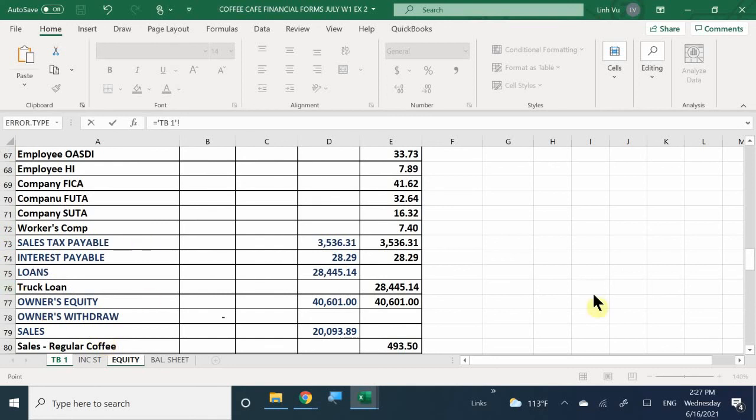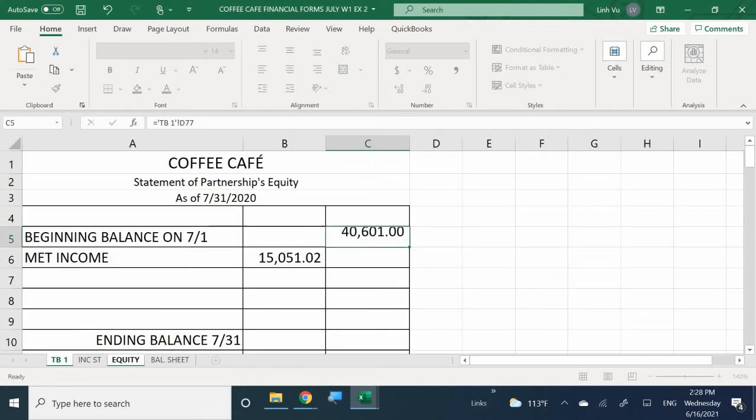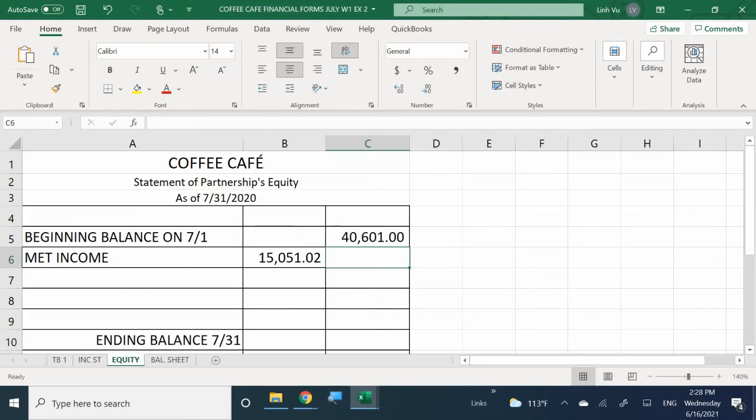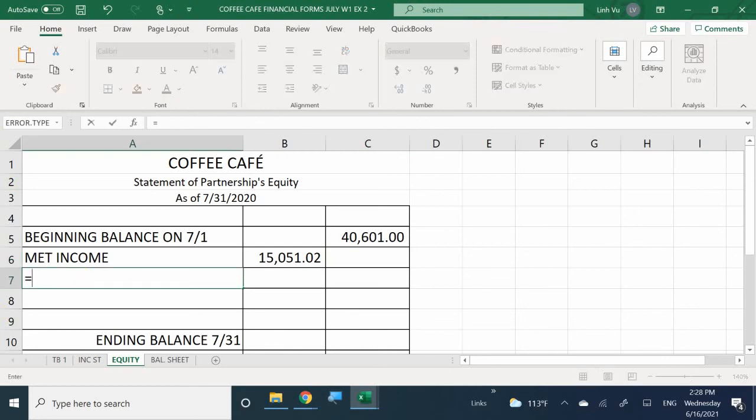So my owner's equity right now is 40,601. All right. I'm adding my net income because I'm reinvesting my profits into the company. Okay. What else is going to be a contributing factor that could affect my equity?